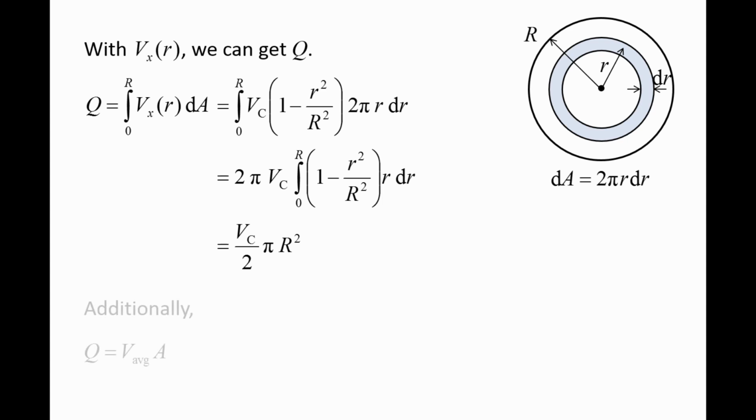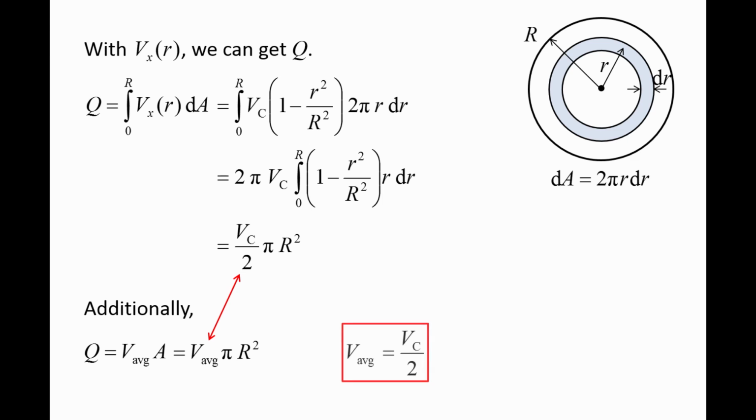The volumetric flow rate Q is also equal to the average speed V average times the total cross-sectional area A, which is pi R squared. Comparing the two expressions for the volumetric flow rate, we see that the average speed is 1/2 the centerline speed.